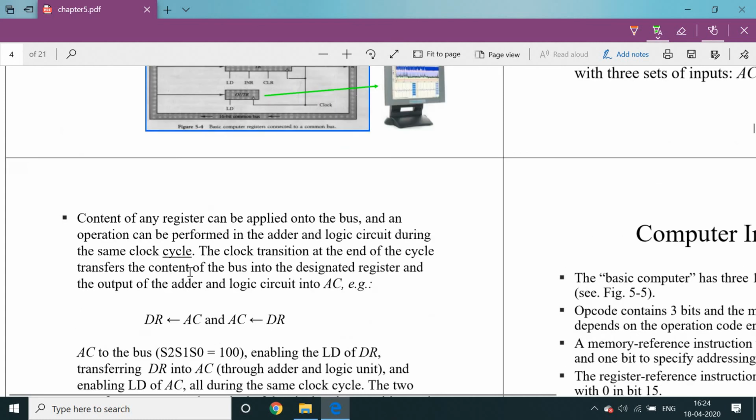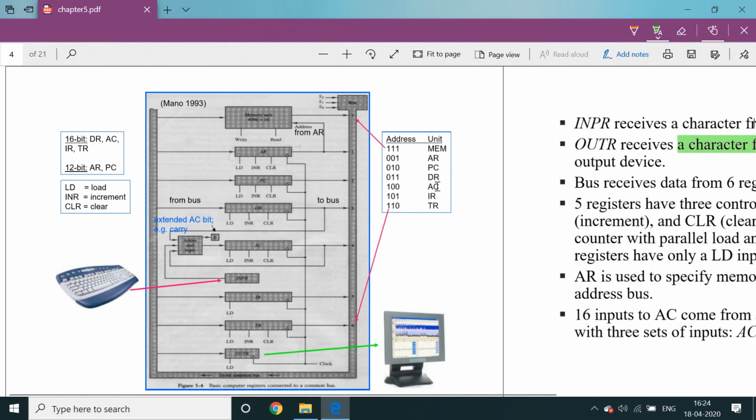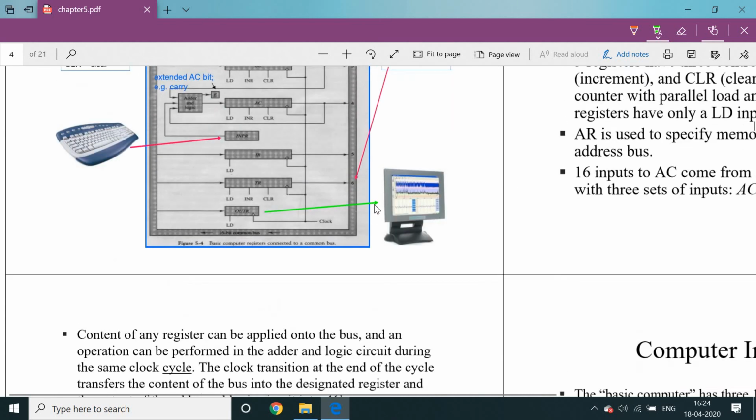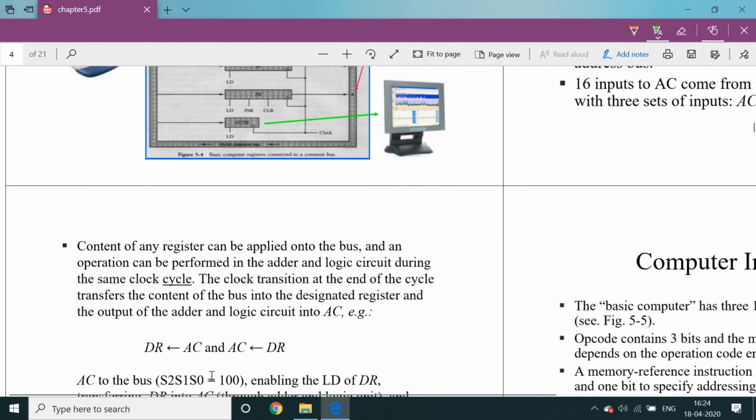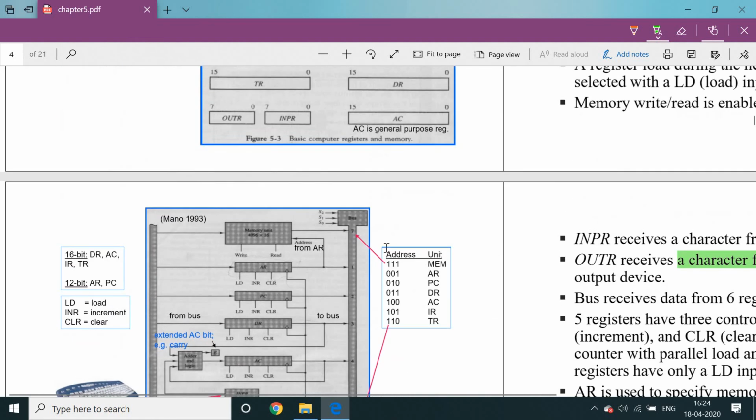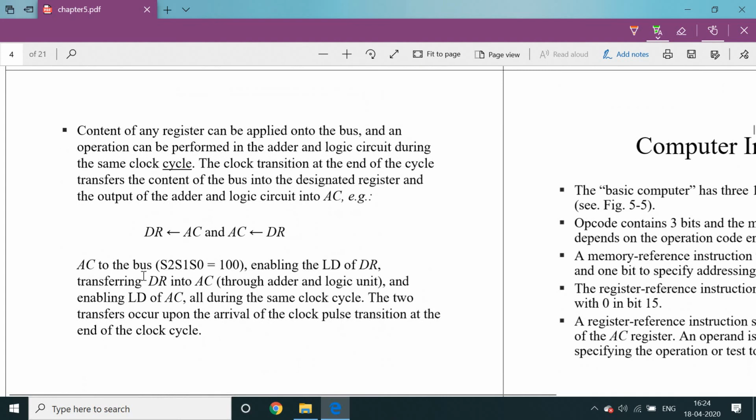The select lines here are S0, S1, S2, and their values for the accumulator are 100. So AC to the bus is 100, enabling the load of the DR, that is, transferring the data register data into the AC.